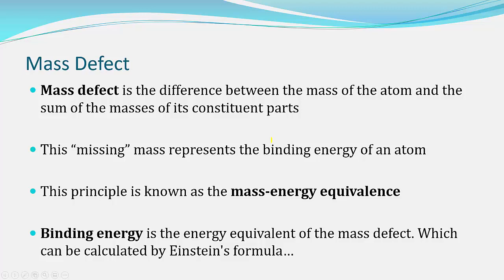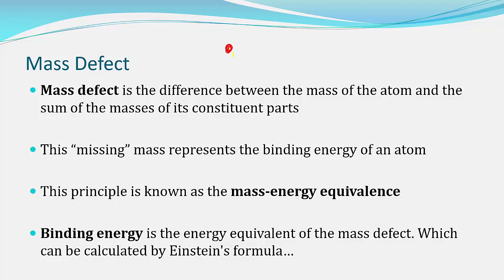So now we're looking at the idea that mass and energy are equivalent. Binding energy is the energy equivalent of the mass defect. In terms of what binding energy actually is, it is the amount of energy required to take that atom, if we want to get that carbon-12 atom and separate it out into its components. Maybe I'll use helium as an example because it's easy to draw.